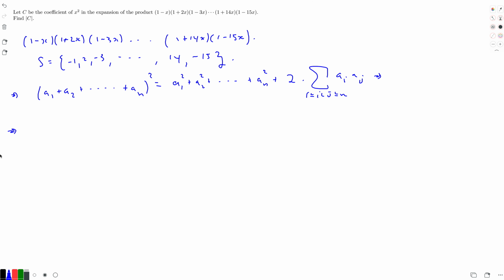So let's actually plug that in, and we really want to find this, so let's just plug in the information. We have 15 terms over here. Let's first just find -1 plus 2 minus 3, plus 14 minus 15. There are a couple of ways to go about this.